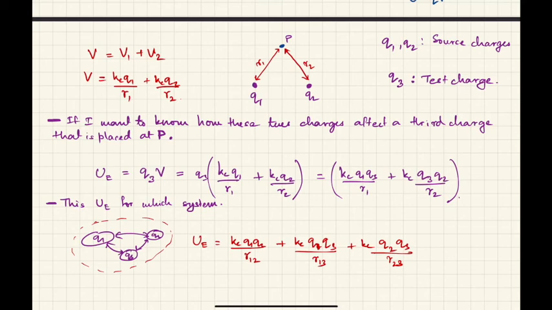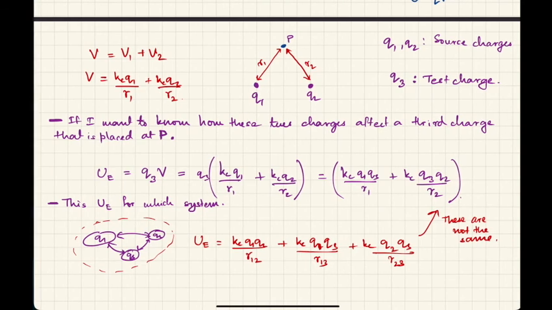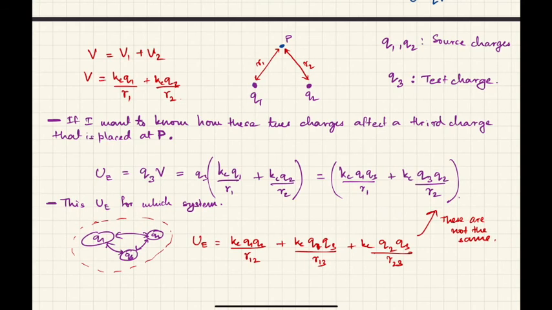Now let's compare this with what we've written down up here. So these are not the same. So this represents actually the total energy for this. But what does this expression represent actually?